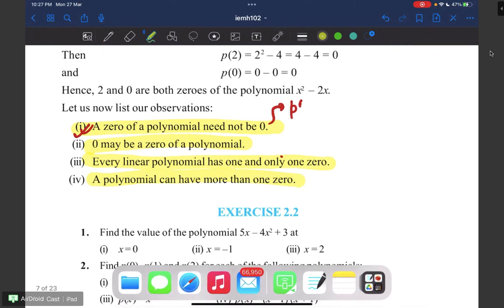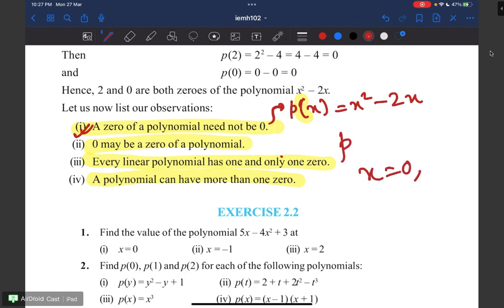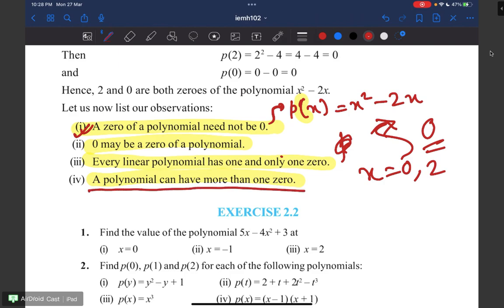As we have already seen in this example of p(x) = x² − 2x, in place of x, if I put 0 or 2, in both the cases we are getting the result as how much? 0. So we can come to the conclusion that a polynomial can have more than one zero.